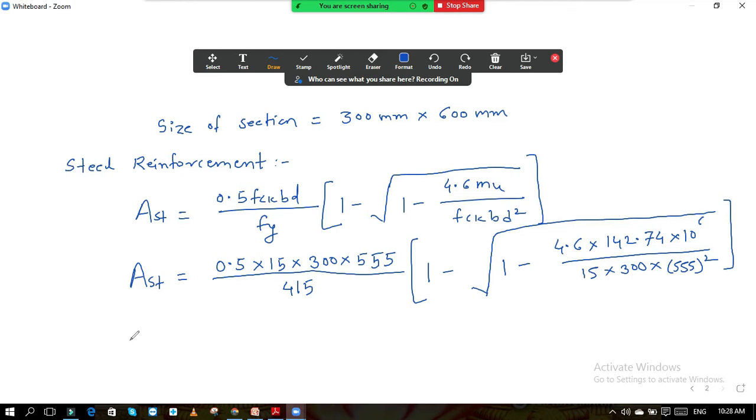Solve this and let me know the value of area of steel. To check the answer, it is 826.088 mm square. So we have assumed 20 mm bar diameter, right?